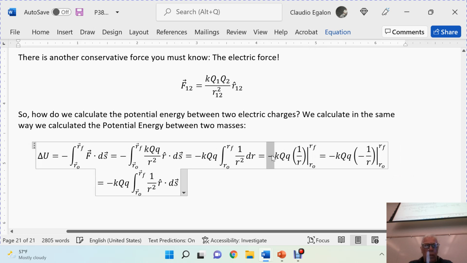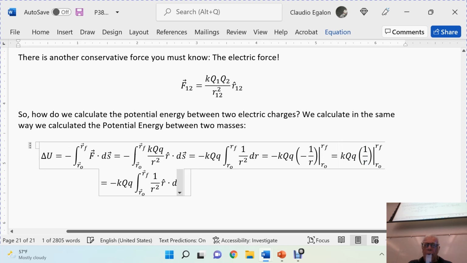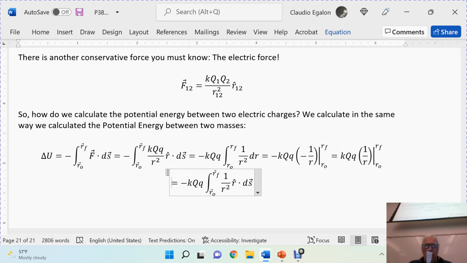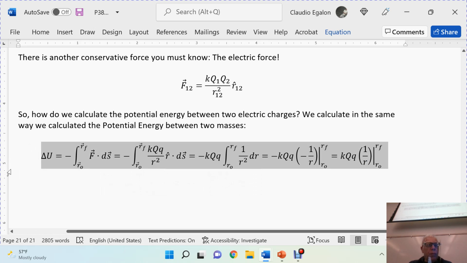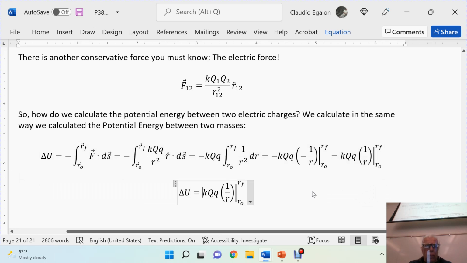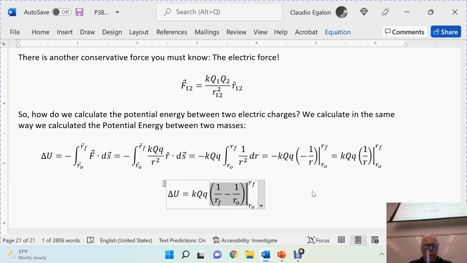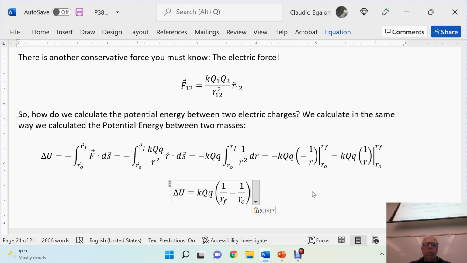You gotta get rid of it here. And that's what we get for the difference in potential energy.